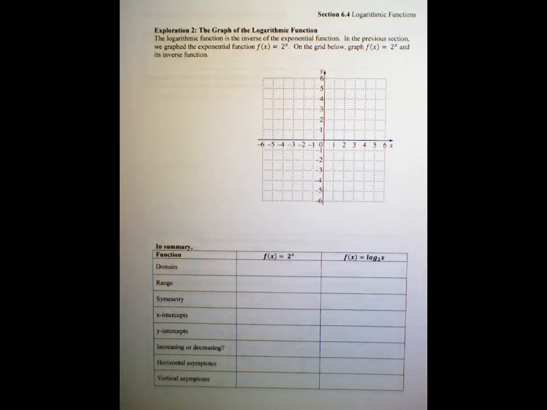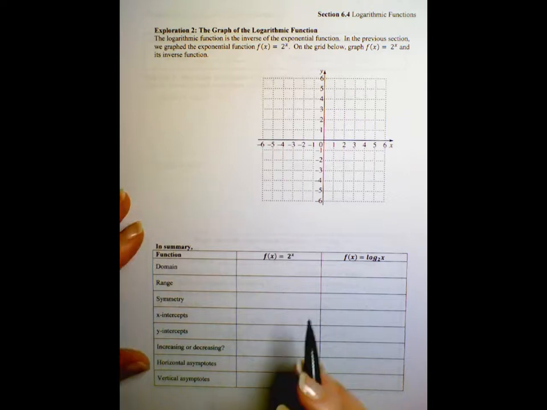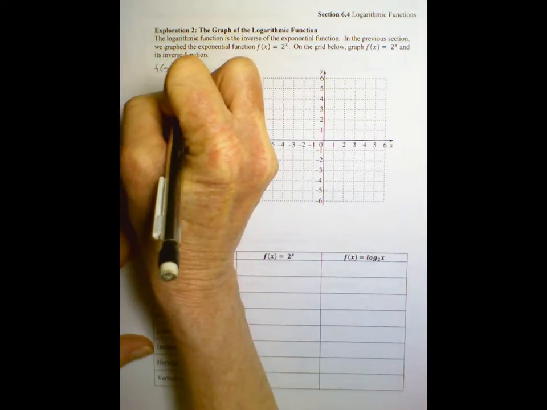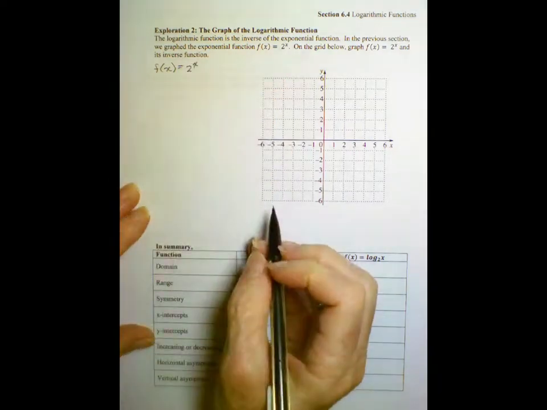Our second exploration in section 6.4 on logarithmic functions has us graphing both an exponential function and its inverse on the same graph to see what that looks like. We're asked to graph f of x equals 2 to the x, and we've seen this plenty of times.